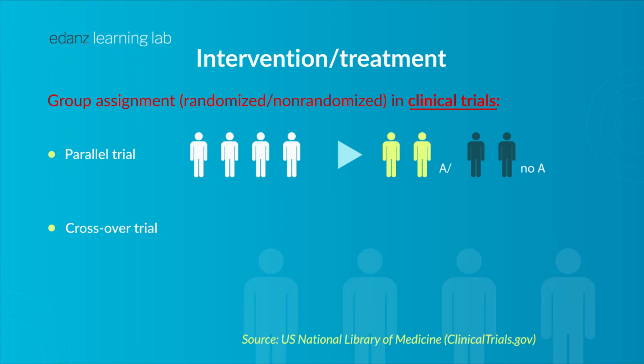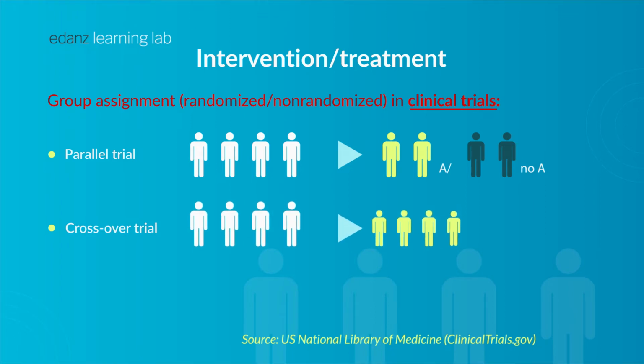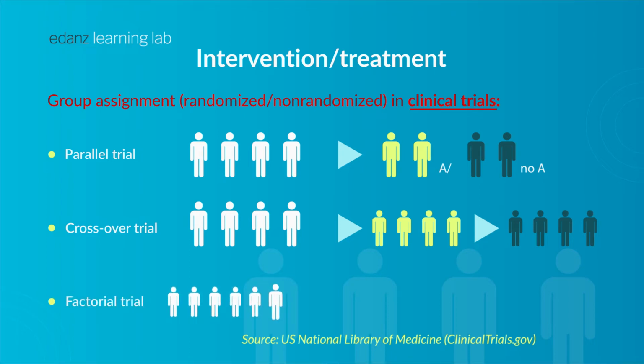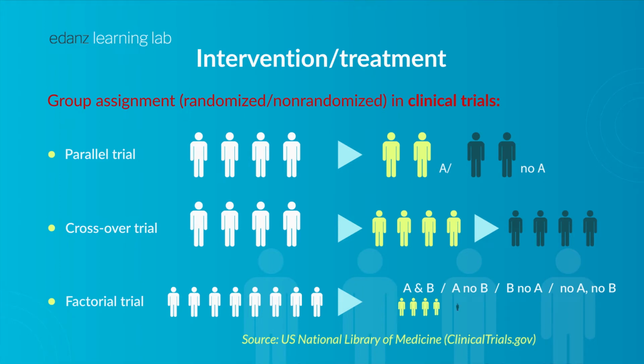In a crossover trial, the same participants who are given the first treatment switch to the second treatment, so they act as their own control. And in a factorial trial, combinations of two or more interventions are tested at the same time. So participants are assigned to receive A and B, A without B, B without A, or no A and no B.